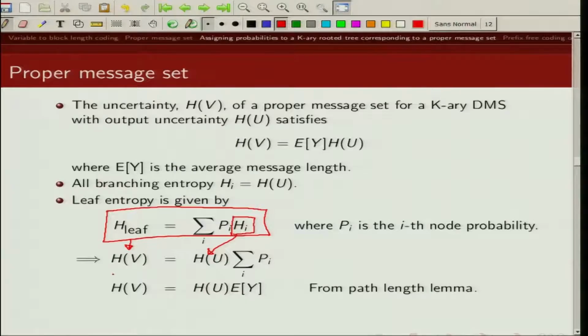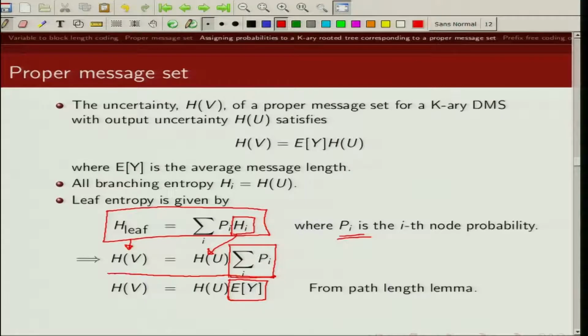So what I get is then H of V is equal to H of U times the summation of these probabilities of the nodes, including the root node. And what is this? According to the path length lemma, the summation of Pi's is nothing but the expected value of Y, right?